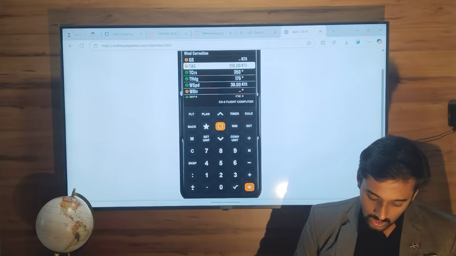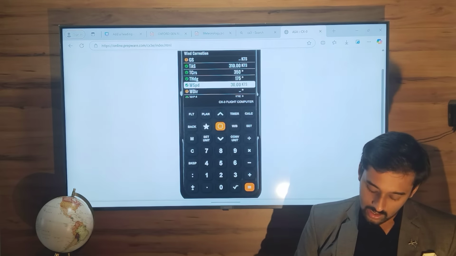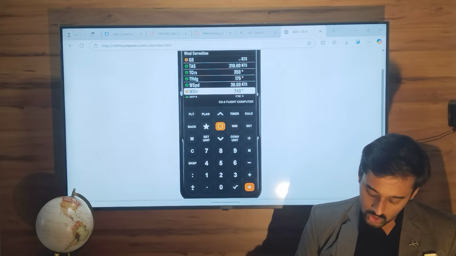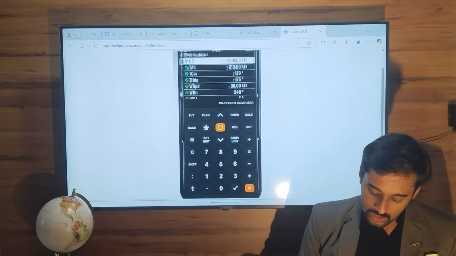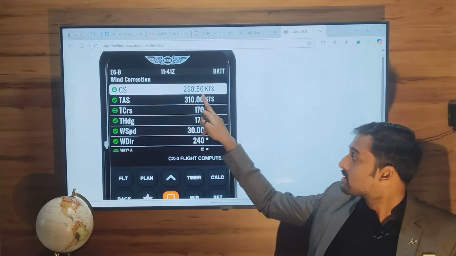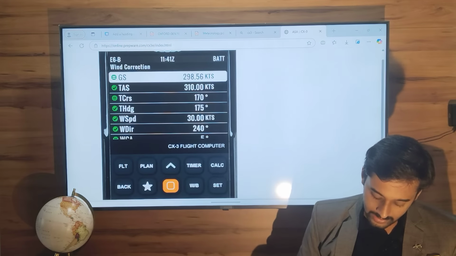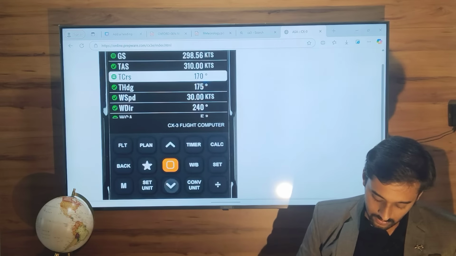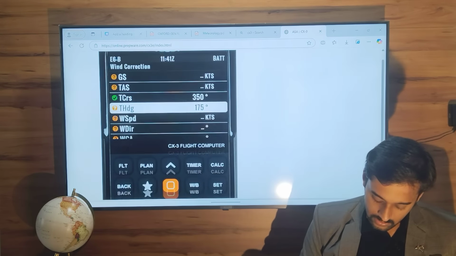Speed is 310. Wind speed is 30 knots and direction is 240. So ground speed is 298.5. Okay, so TAS 310, true course correction over here, 350.